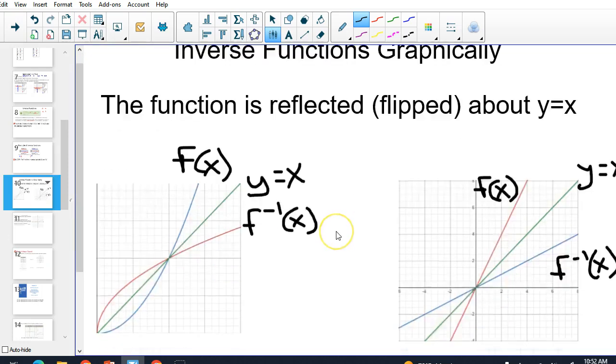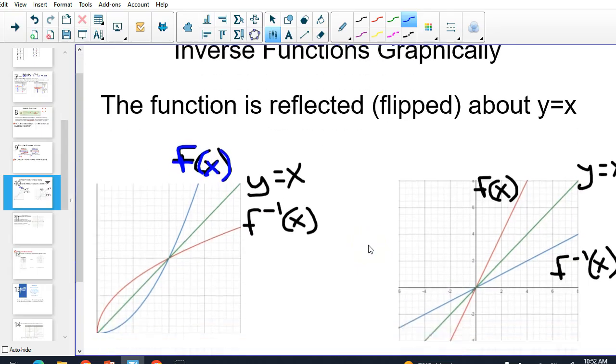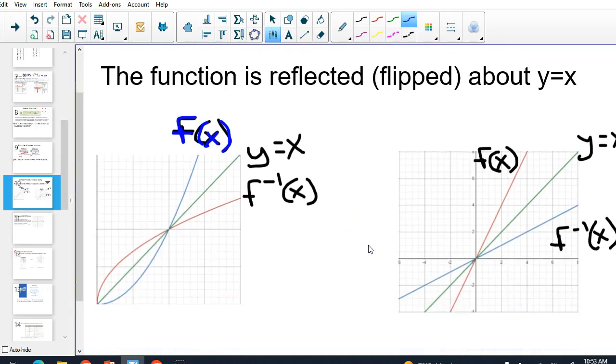So let's look at what this looks like for a graph. Here, we can even color code this. Let's let the blue graph here on the left be f of x. Okay? So, if I have a graph, the blue value here is our original function.